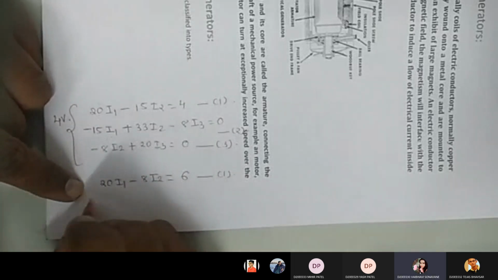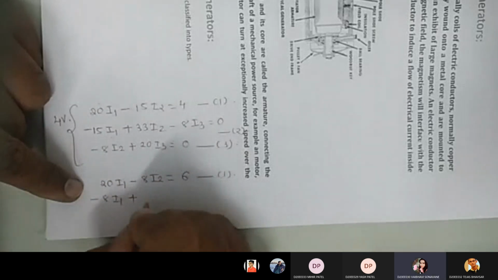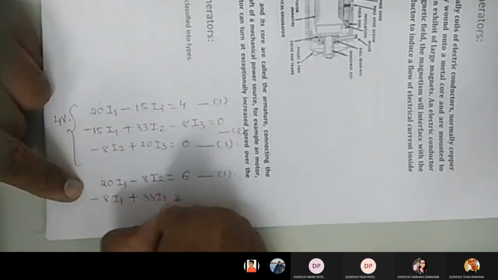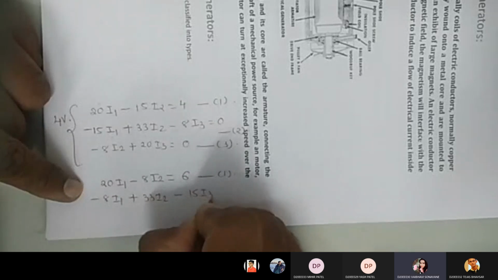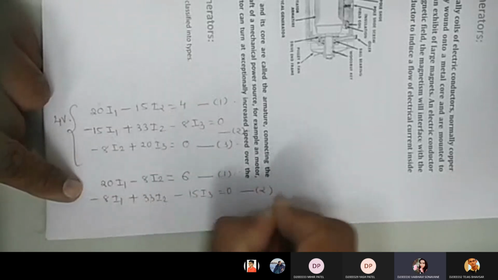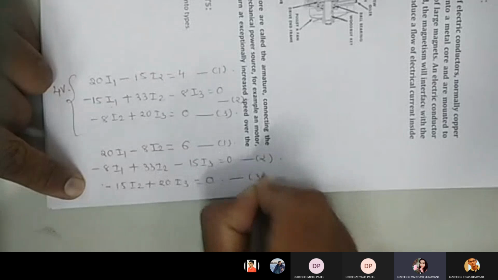Second equation: minus 8I1 plus 33I2 minus 15I3 is equal to 0. Third equation: minus 15I2 plus 20I3 is equal to 0. This will be your third equation.